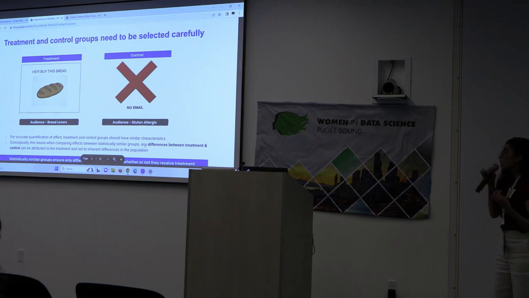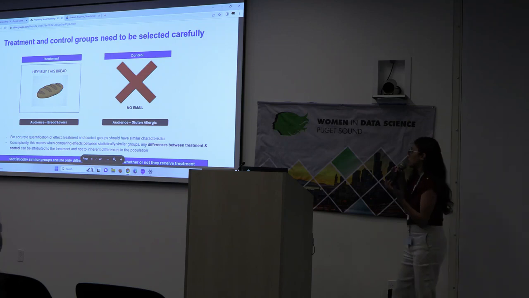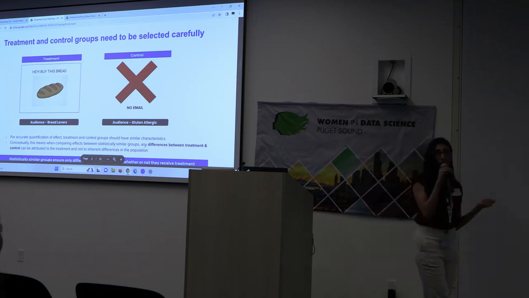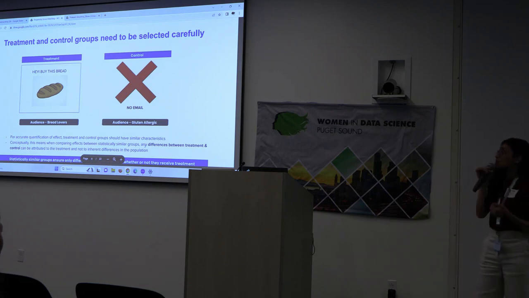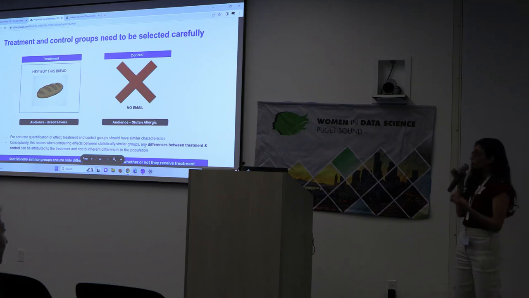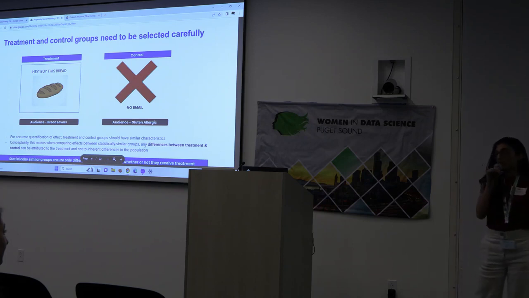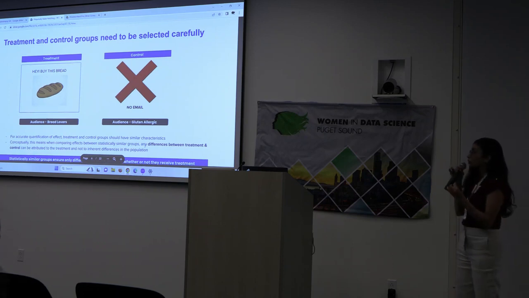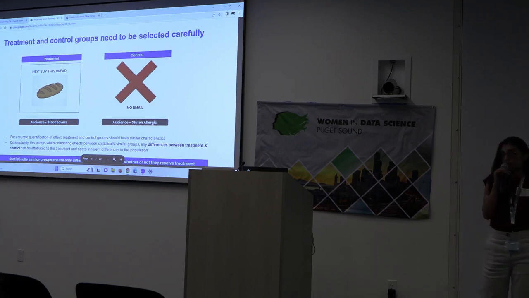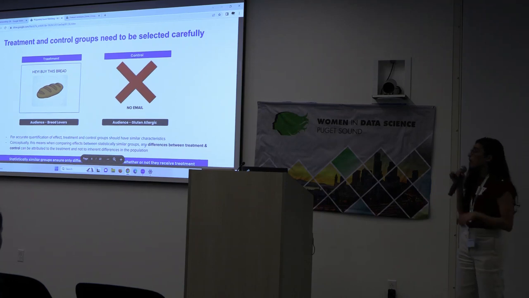So for example, suppose you are running a marketing campaign and you want to assess the impact of this marketing campaign. So you send out a marketing campaign to a group of people to make them purchase bread. And this audience that you're sending out your marketing campaign to are a group of bread lovers. And you do not send out the marketing campaign to your control group, which is basically a group of gluten allergic people, because why would gluten allergic people buy bread?